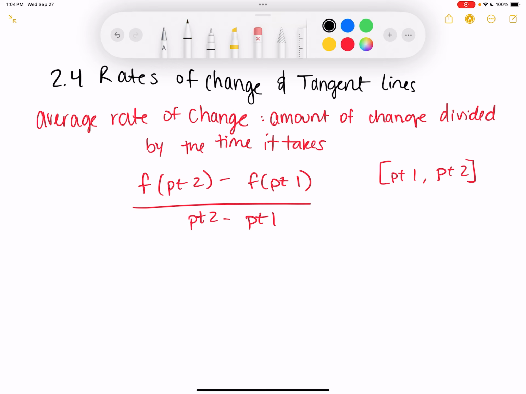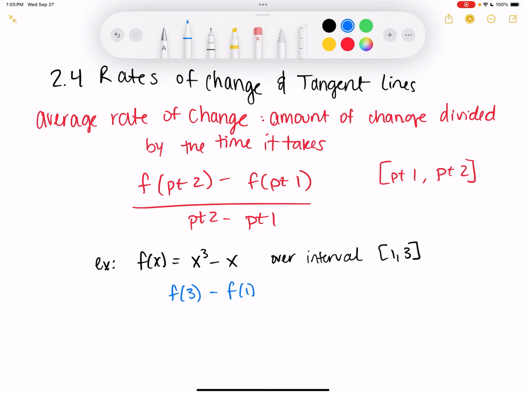So just a quick example of this. If we have f of x is equal to x cubed minus x over the interval from 1 to 3, we would have the function evaluated at 3 minus the function evaluated at 1 over 3 minus 1.